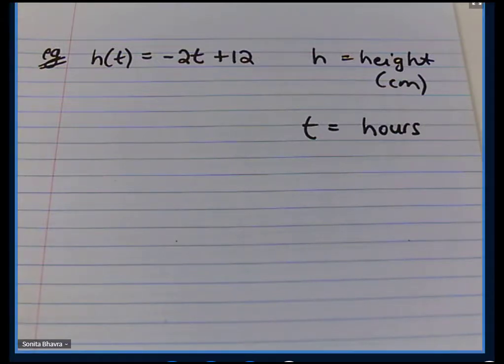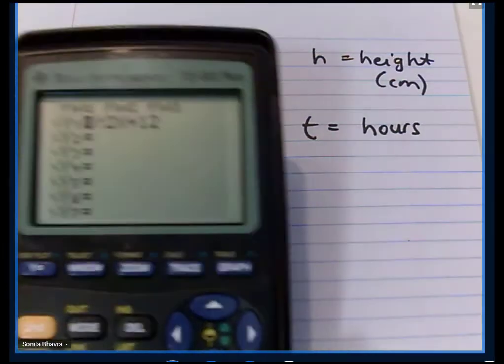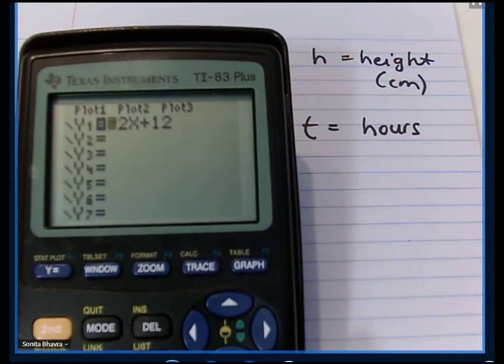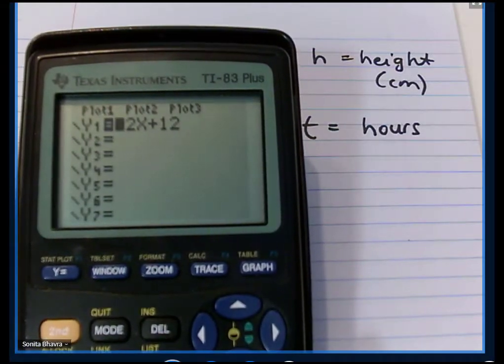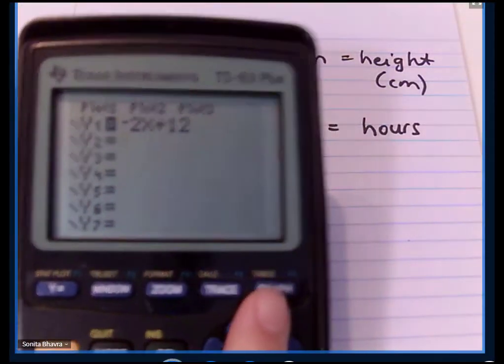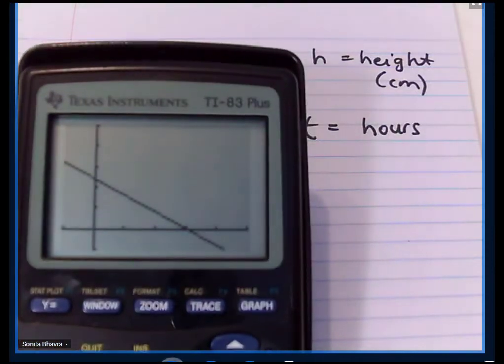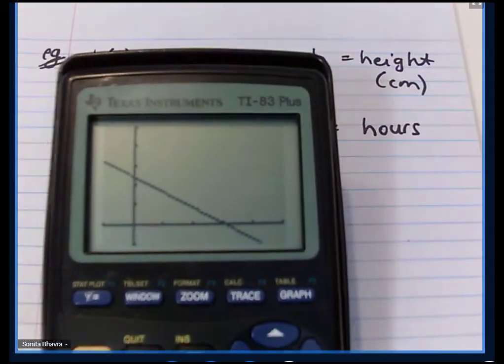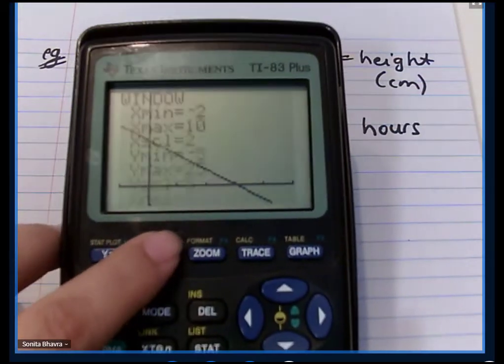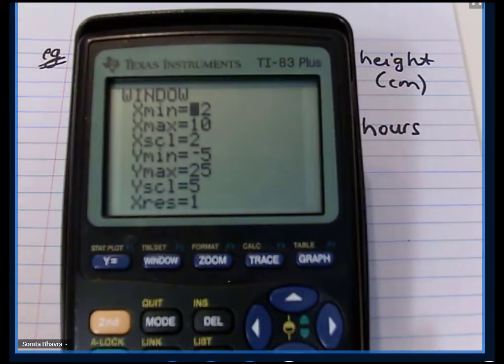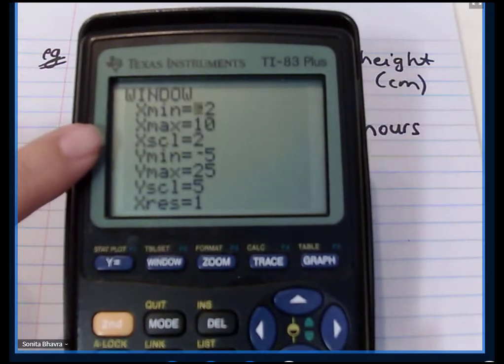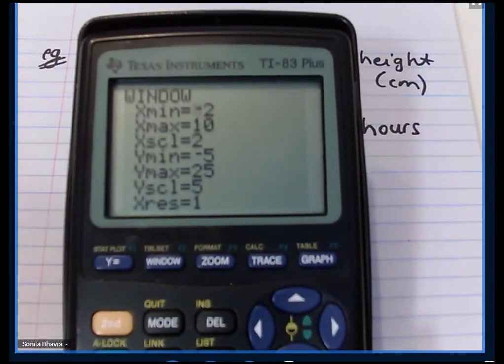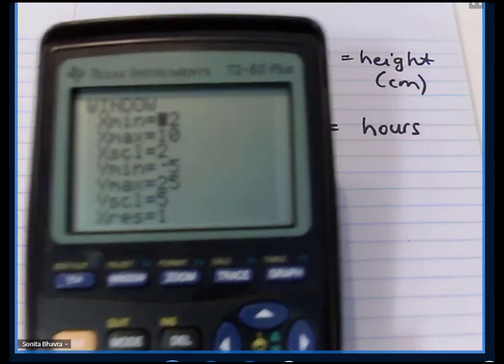Just use x instead of the t, so negative 2x plus 12, just like this, into your y equals, and then we will graph that, and it will look like this. Depending on what your window scale is. My window scale, my x is going up by 2, and my y is going up by 5.